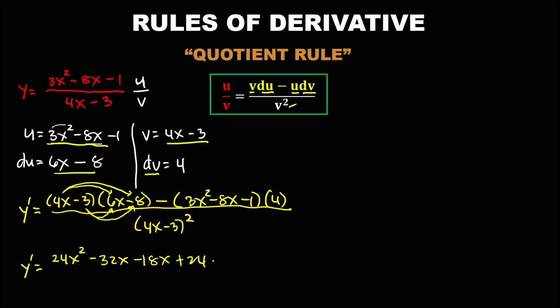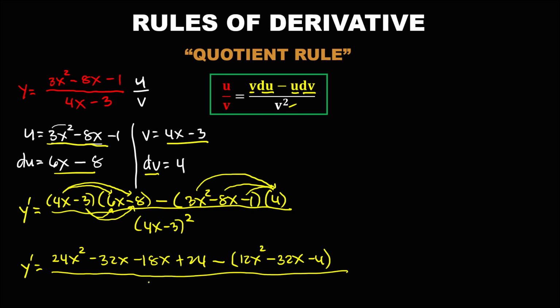Then in the second group, minus, always put inside the parentheses. So 3x squared times 4 is 12x squared, negative 8 times 4 is negative 32x, negative 1 times 4 is negative 4, then over 4x minus 3 quantity to the power 2. Then we need to distribute the negative in the second group.